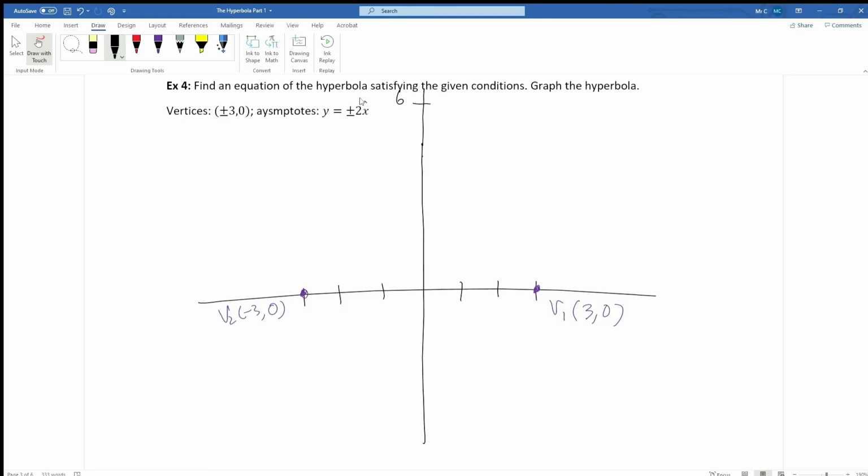Right? Since we're looking at a line with slope 2, when x is 3, y would be 6. So that tells me what b is. So if I just plot my fundamental rectangle now, it's not perfectly to scale. That's okay.